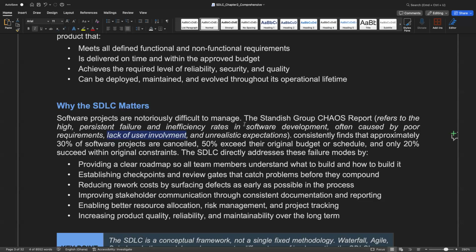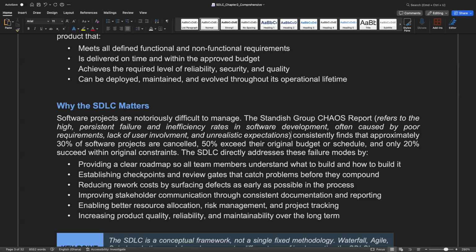So they came out to say that, per their report, they consistently find that 30% of software projects are cancelled, because they don't have the expertise or maybe the financial strength.